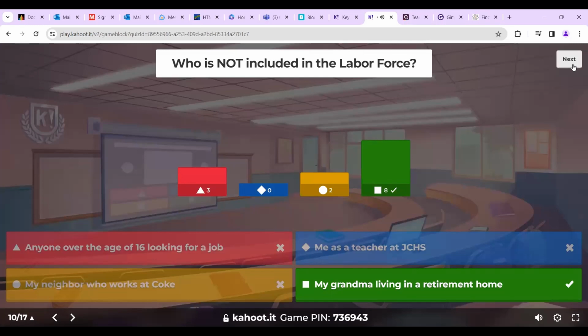So retired people are not included in the labor force. Also, people who have stopped looking for work are not in the labor force. And students that are just students and not looking for a job, they're not in the labor force.